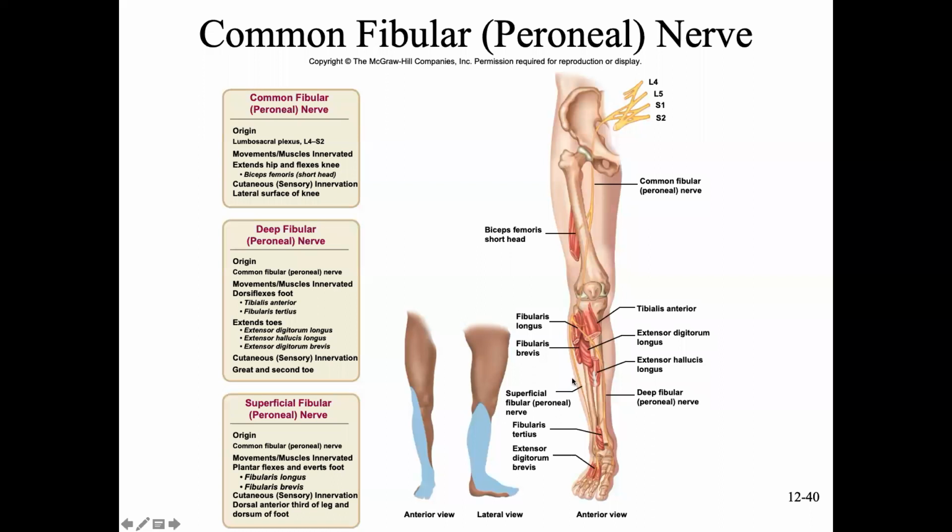What happens is when the deep peroneal or the deep fibular or even the common fibular and peroneal nerve gets damaged, we have a condition called foot drop, right? I'll kind of link up to YouTube to show you foot drop. But foot drop happens a lot in elderly people. And what happens is when they step up and plantar flex, they're able to walk and push off fine, but they can't, right, kind of invert it.